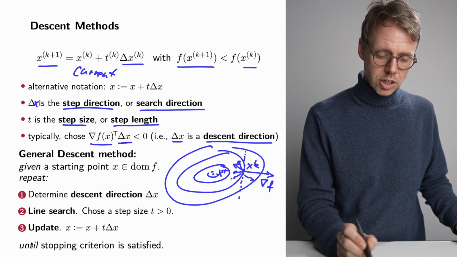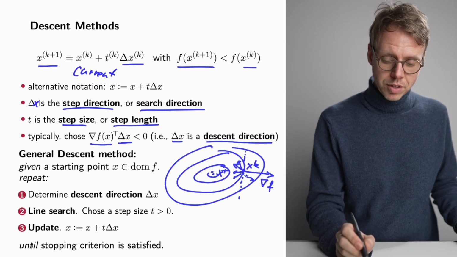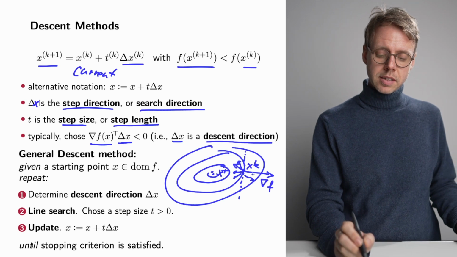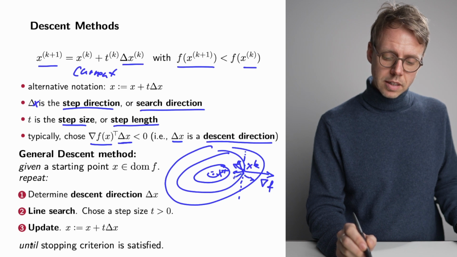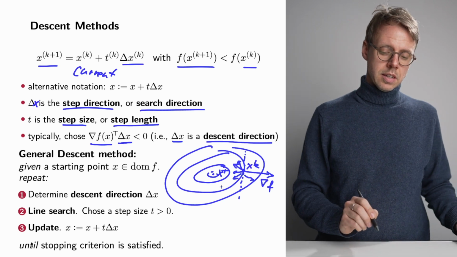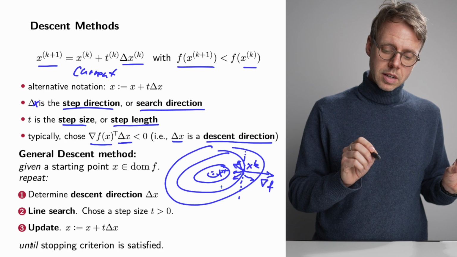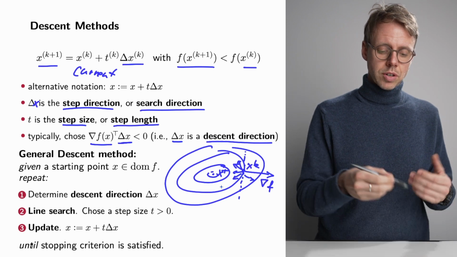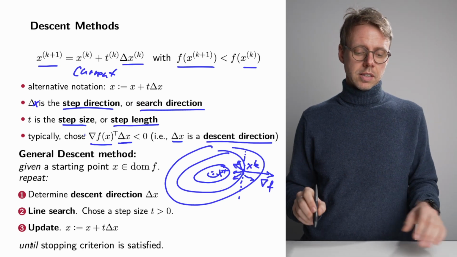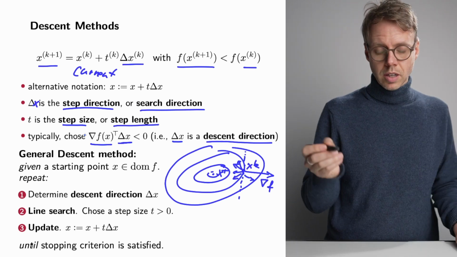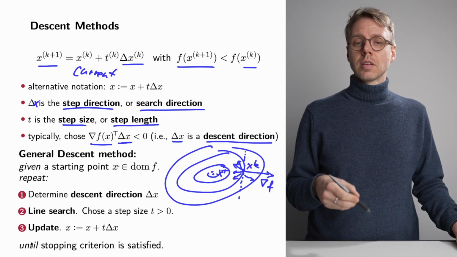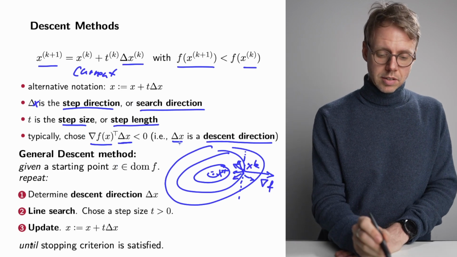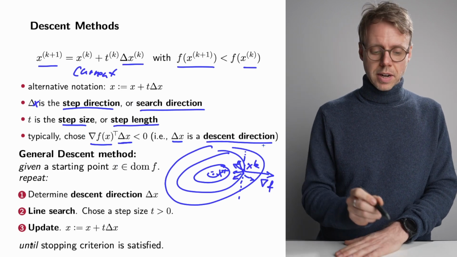So for smooth functions that are twice continuously differentiable, a negative inner product with the gradient always guarantees a descent direction. So any general descent method would utilize such a delta x that is a descent direction.